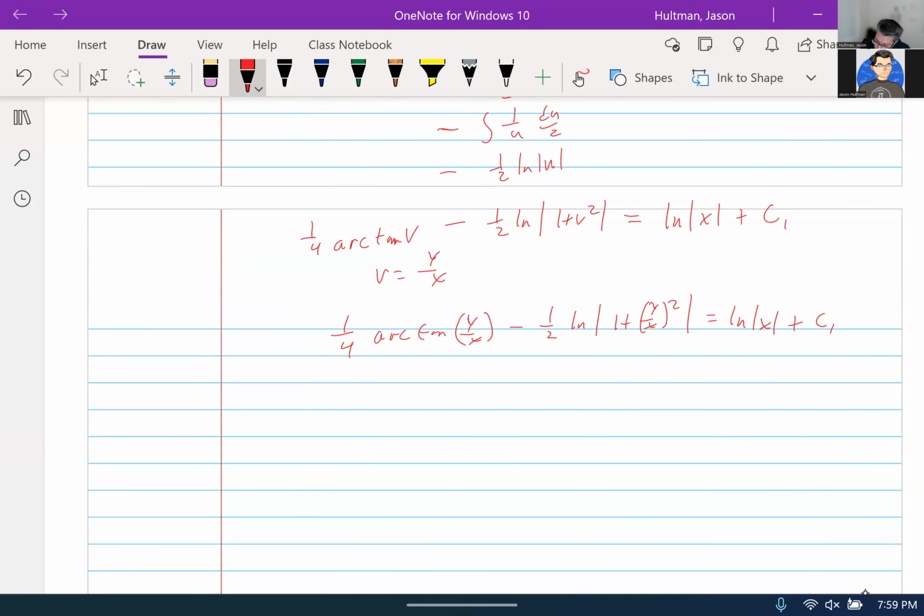Okay, that looks good, but we can do a little bit better here. Okay, on simplifying this, I'd like to multiply both sides by 2, because that's going to allow me to combine some natural logs here.